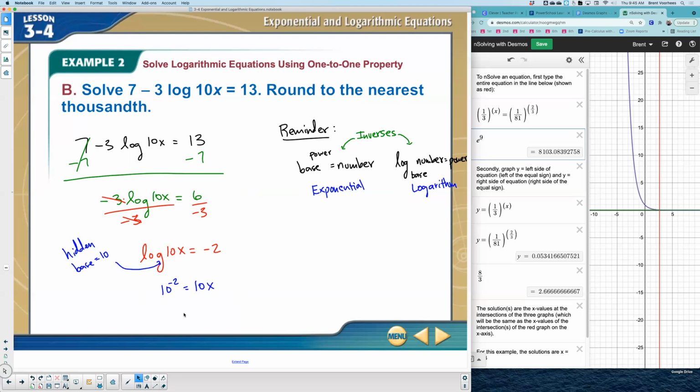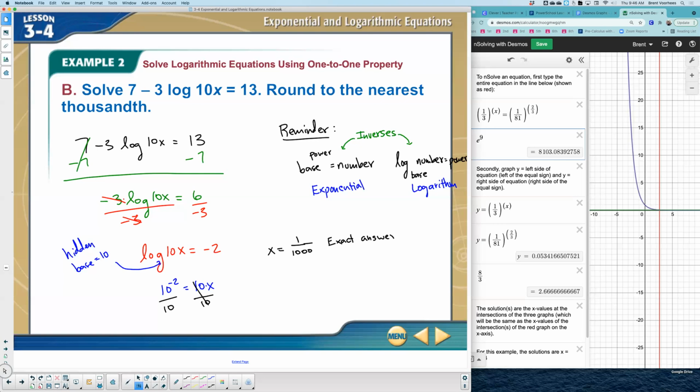All right, to solve this, how will you get x isolated? If that's multiplying, what's the opposite of multiplication? Divide. So really what we have here is 10 to the power of -2 divided by 10, which is going to be 1/1000.